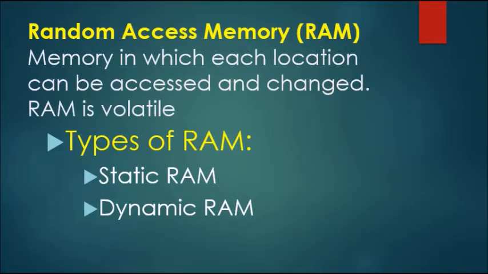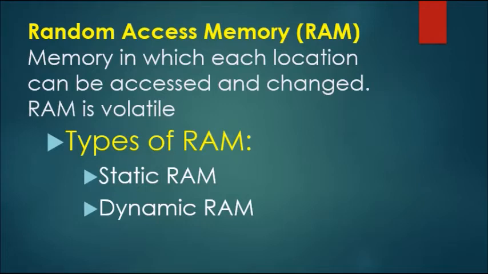Then RAM, one of the types of primary memory, that is random access memory. It is a memory in which each location can be accessed and changed. There are two types of RAM, static RAM and dynamic RAM.